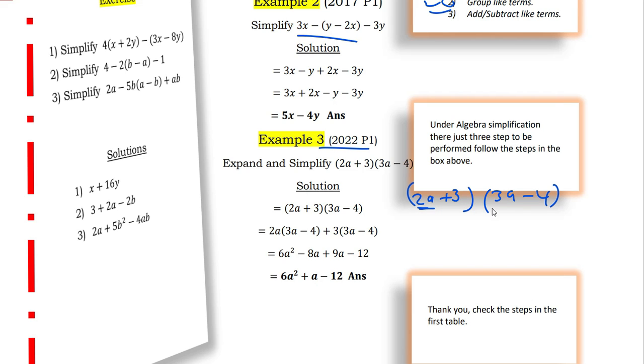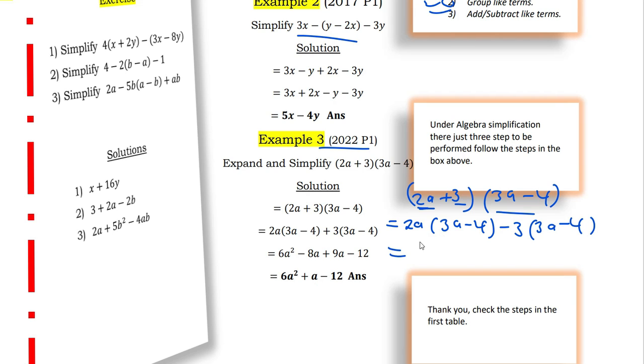The moment you see that they are both inside the brackets, you're going to get 2a multiplied by 3a minus 4. Get this multiplied by what is inside here, and then you come and get the next term, which is 3, also multiplied by 3a minus 4, just like that.